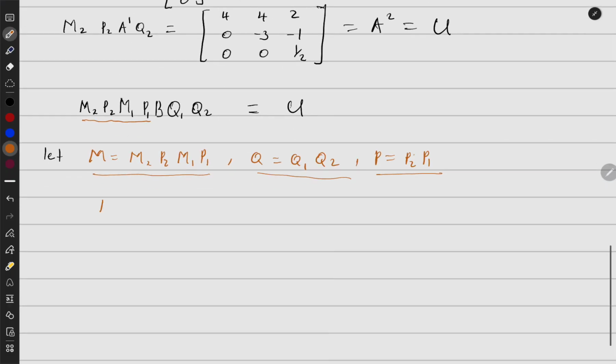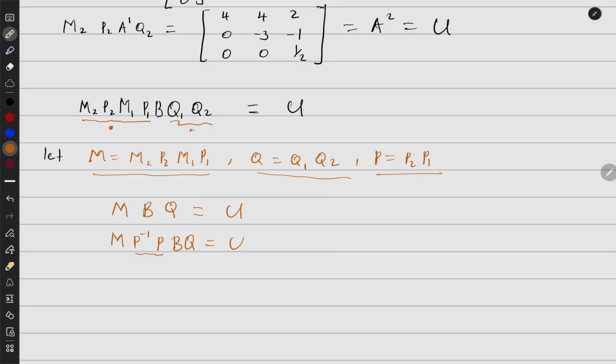So this is just like capital M B Q, because this is capital M here, and this is Q. However, this is equal to U. We did this earlier in the previous video, so I can multiply here by the P inverse because we know this is an identity.